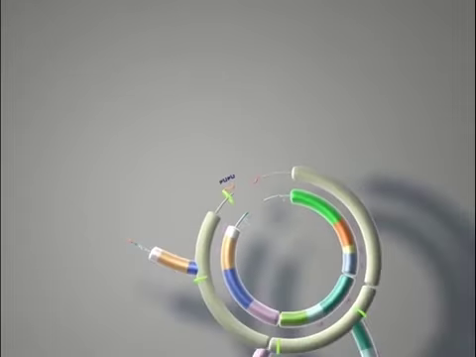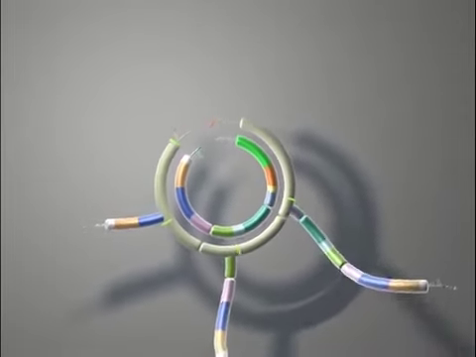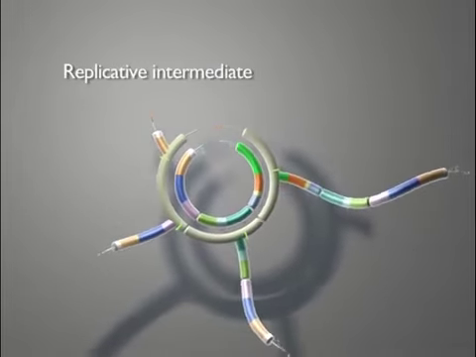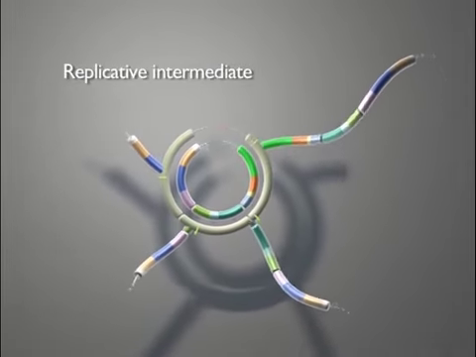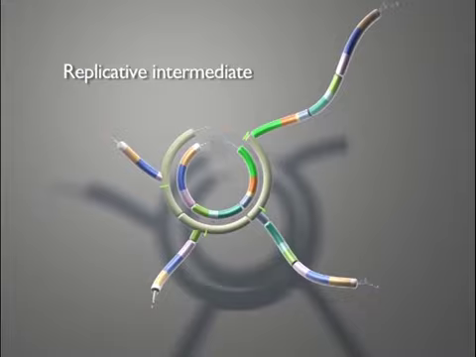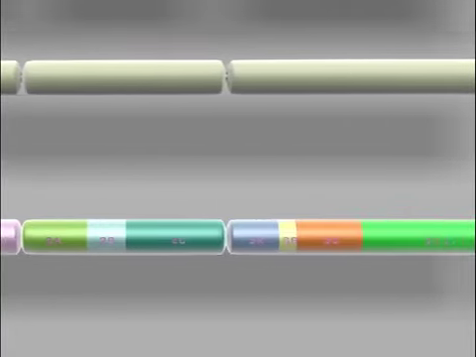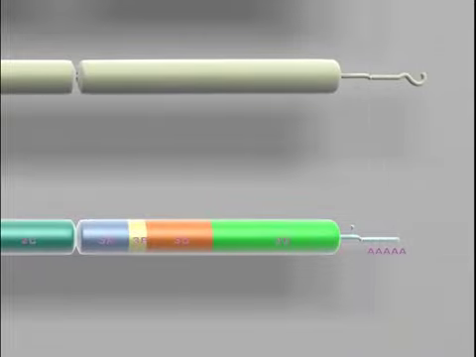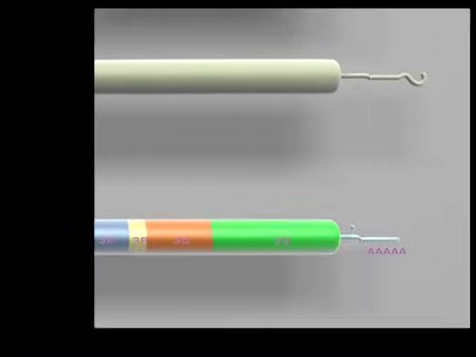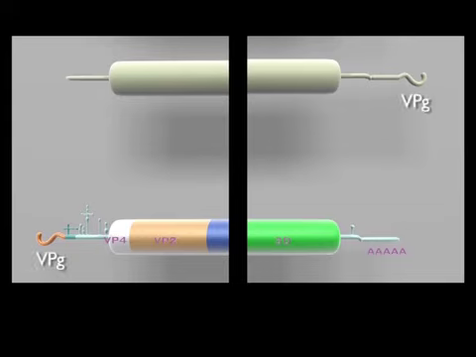Finally, each polymerase continues copying the minus strand, creating a replicative intermediate. This model explains how both positive and negative poliovirus genomes found in infected cells have a VPg covalently attached to their 5' ends.